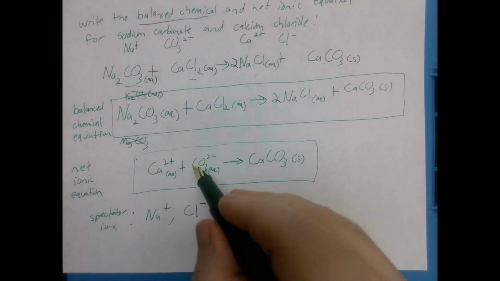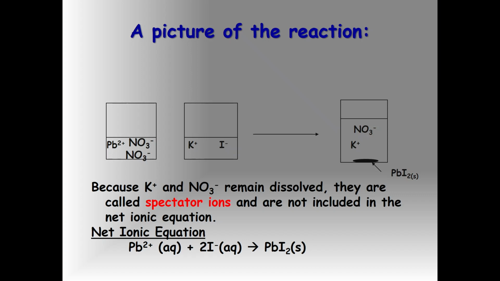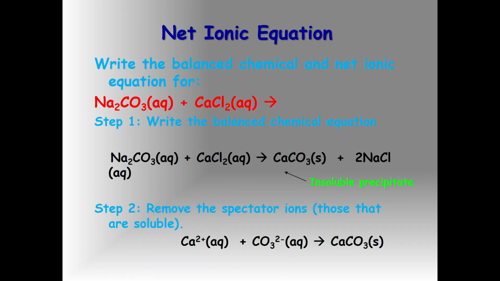So writing a net ionic equation simplifies it down to where you're only concerning yourself with the ions. So we see the solution they provided. Remove the spectator ions, those that are soluble.